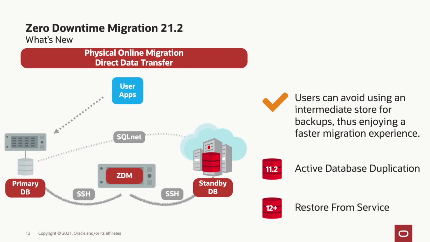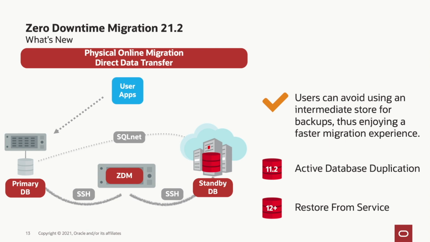Now, when you're migrating a database with the physical online method, you will require a backup location so that ZDM can then transfer the RMAN backups and instantiate the target database. Now, in 21.2, we introduced the capability to make that optional. So now we have physical online migration with direct data transfer.